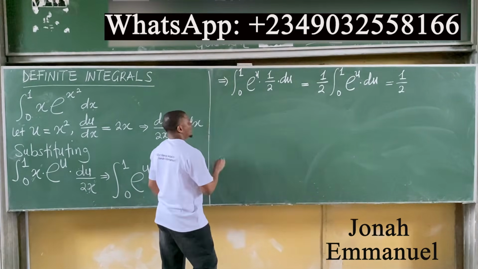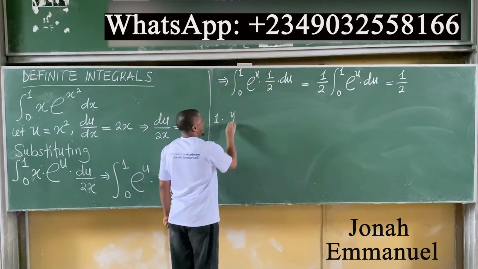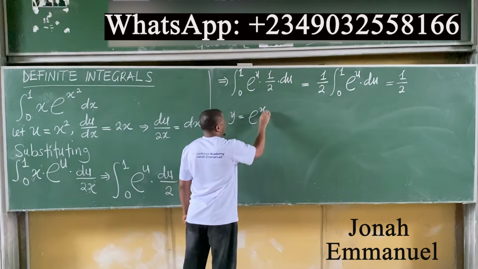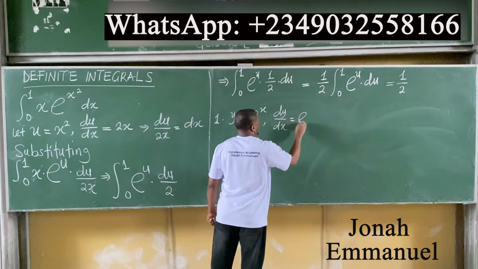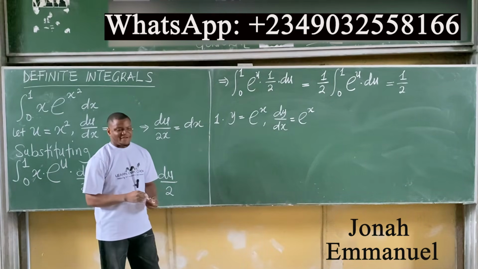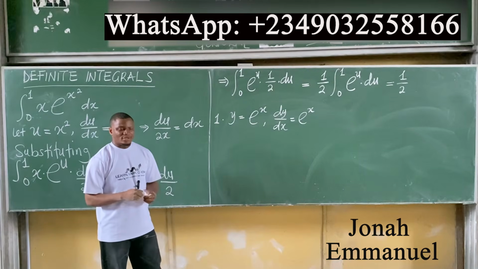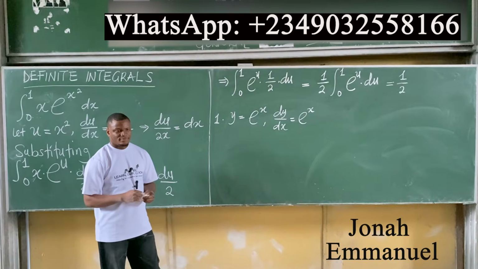Note the following. Number one, if y is equal to exponential x, dy/dx is equal to exponential x. That's what you should note. If I differentiate exponential x, I will get exponential x.